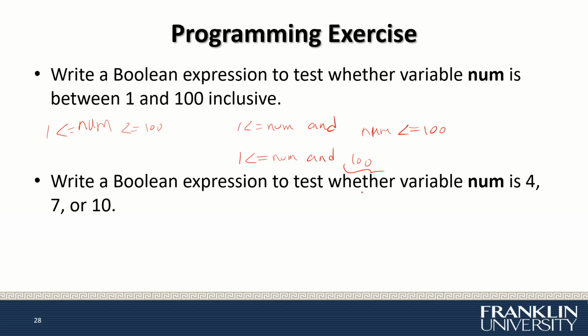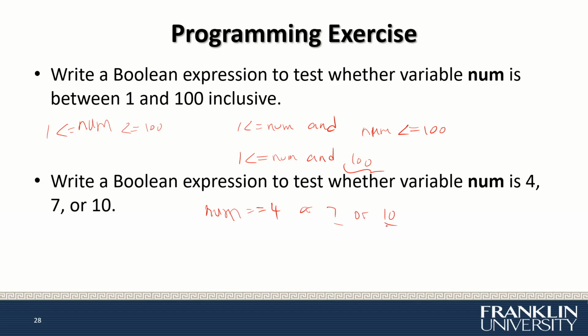Write a Boolean expression to test whether variable num is 4, 7, or 10. I think a lot of times students write num equal to 4 or 7 or 10. What's wrong with that? Well, again, anything non-zero is true. So this is true, this is true, as far as Python is concerned.